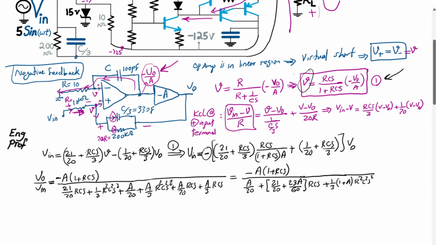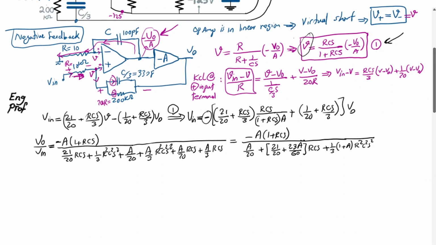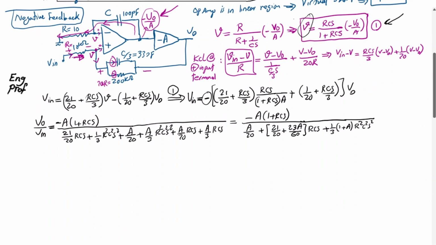So what is the benefit of this? Well, the interesting thing is if we now just replace S with J omega, we are doing sinusoidal steady state analysis as expected because we apply a sinusoid for this high voltage power amplifier.